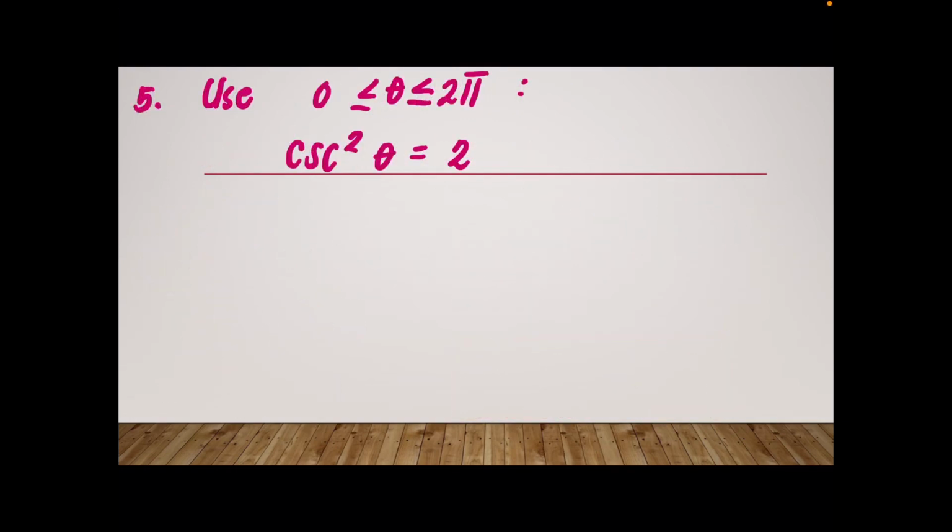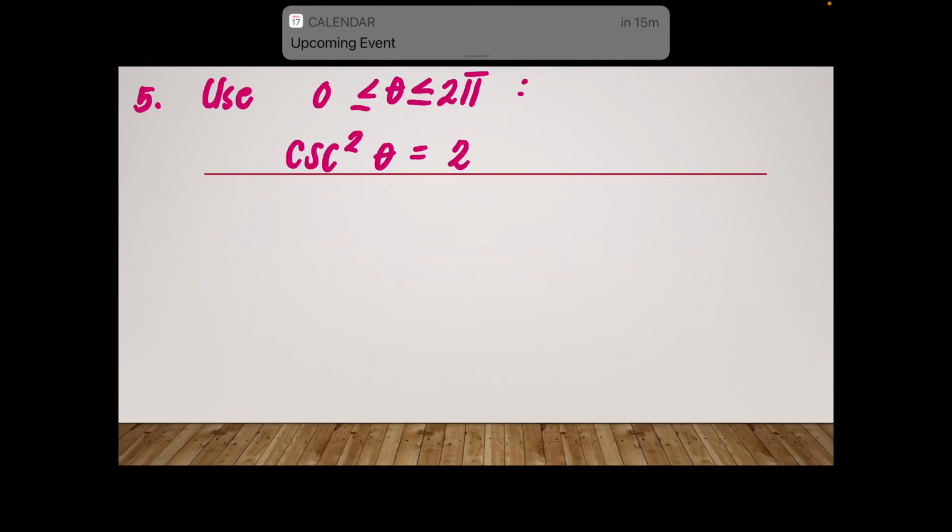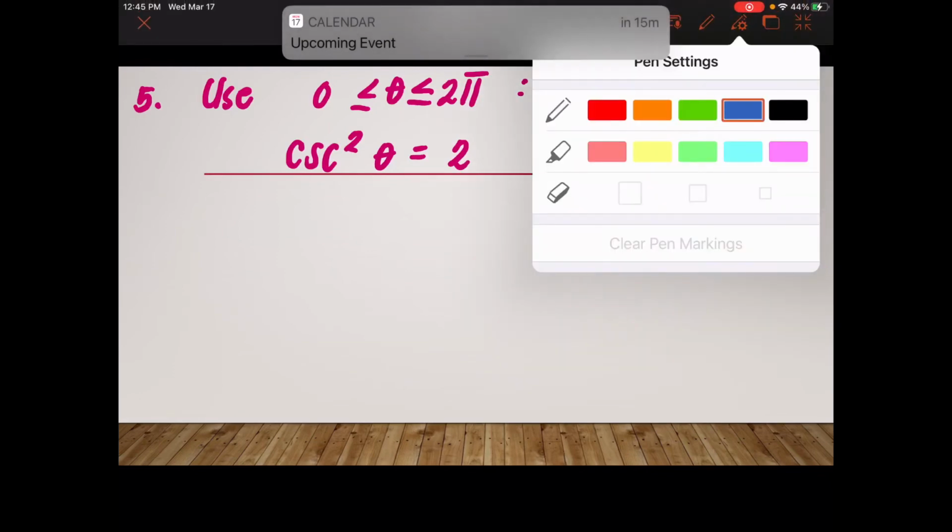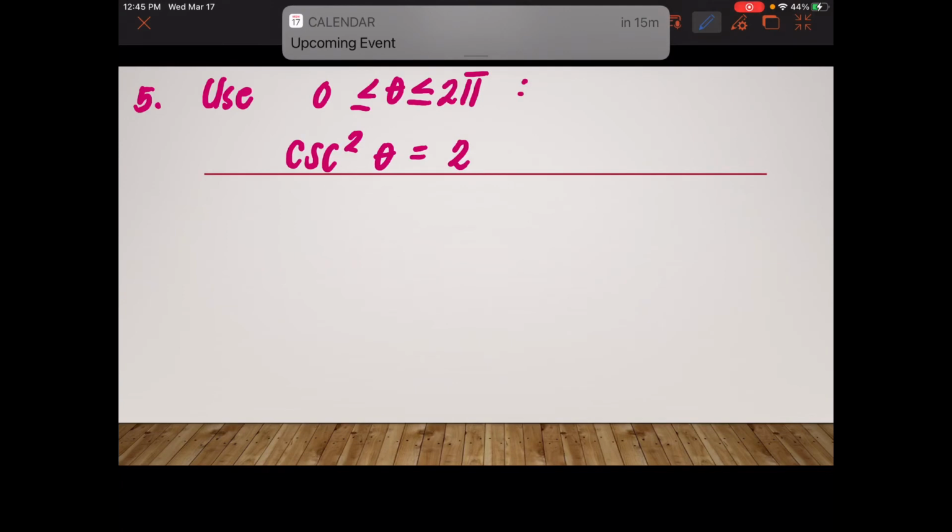Question number 5. Use theta that is greater than or equal to 0 but is less than or equal to 2 pi. So the given equation is cosecant squared theta is equal to 2. Again, I will let a be equal to cosecant theta. So my equation will become a squared is equal to 2.